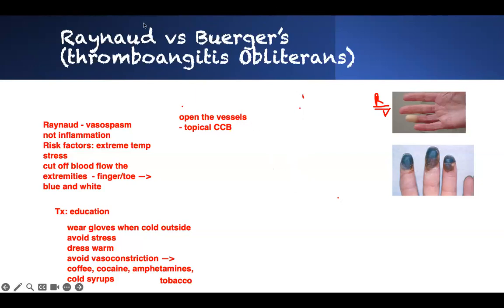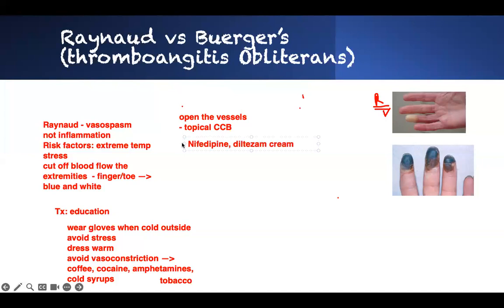So I can give you something to open your vessel when you get this vasospasm. So let them have a topical calcium channel blocker. You can pick anything you want: nifedipine cream or diltiazem cream. It's fine. All of them can be used.